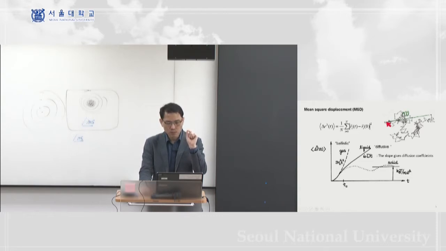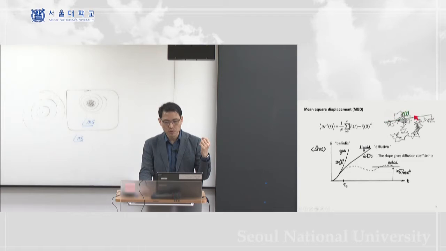Then it will move around, but it constantly collides with other atoms in the liquid phase. Therefore, it changes direction randomly, like in a Brownian motion. And after time t, it will reach this position.